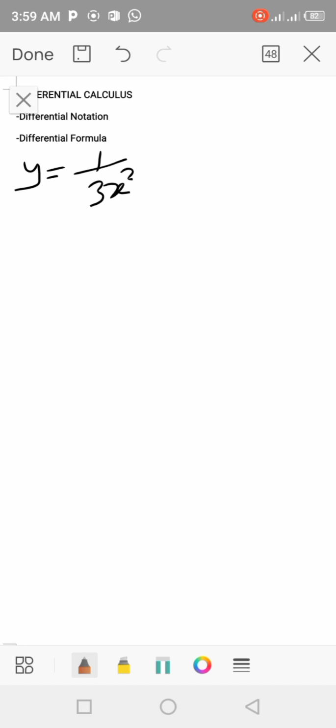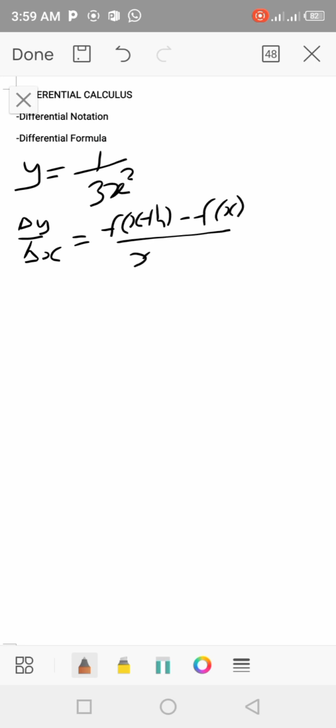So how do we find this? First, we are looking for change in y over change in x, which is equal to f of x plus h minus f of x over h.